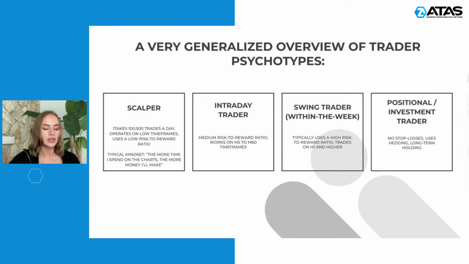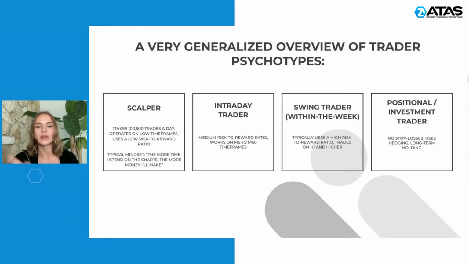Once again, if you didn't make it to the last webinar, please make sure that you rewatch it because there are some quizzes and tests that are going to help you identify which approach is going to be more comfortable and more profitable for you.